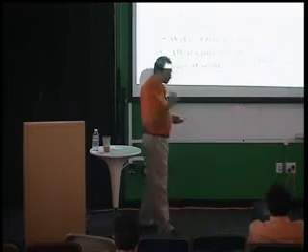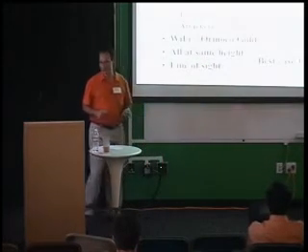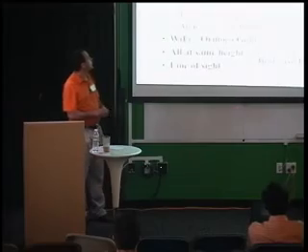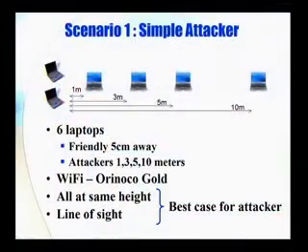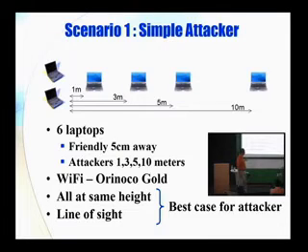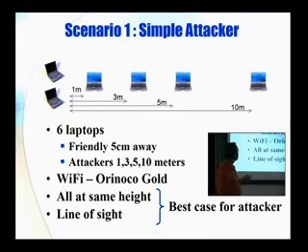Okay, so I'm going to show you the results from a set of experiments where we progressively look at more sophisticated attackers. For the base case, I'm considering a scenario where we have two devices that I'm trying to pair. The devices are 5 centimeters away from each other. And there are 4 attackers that are located at progressively larger distances.